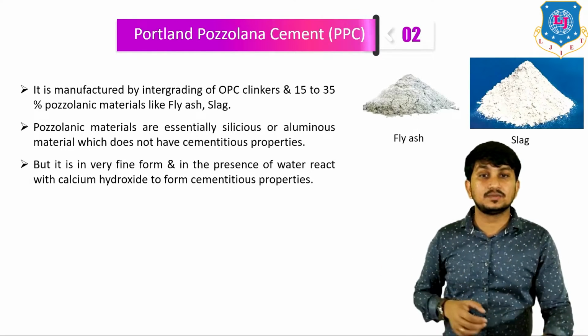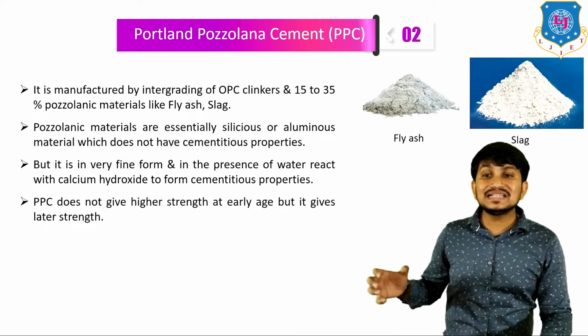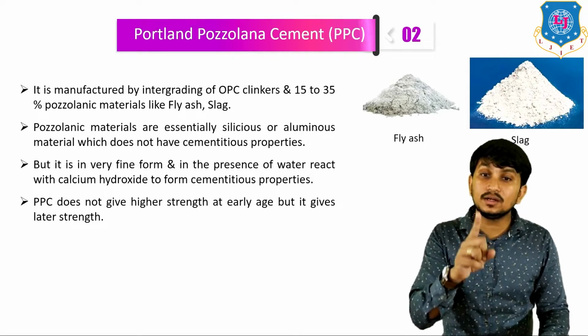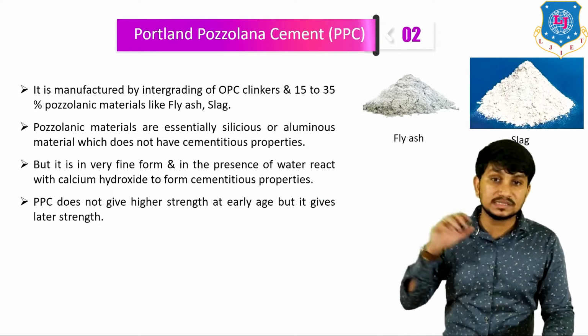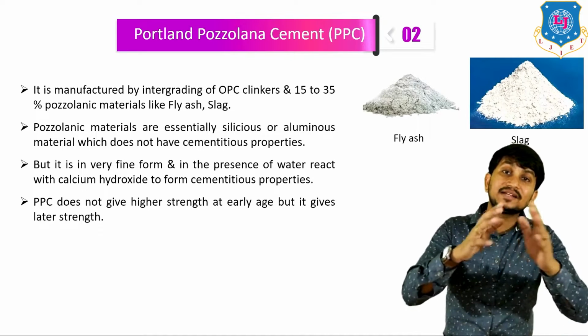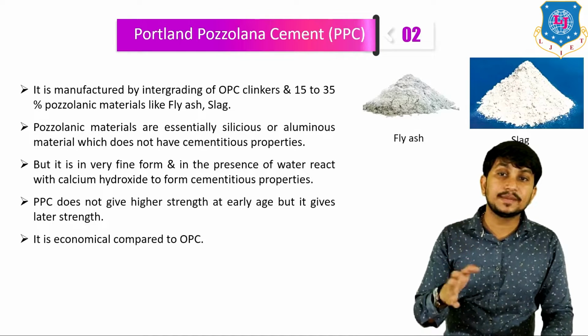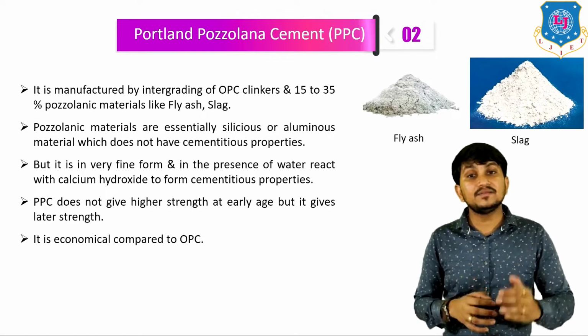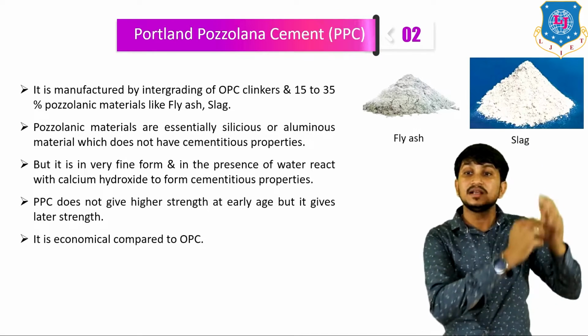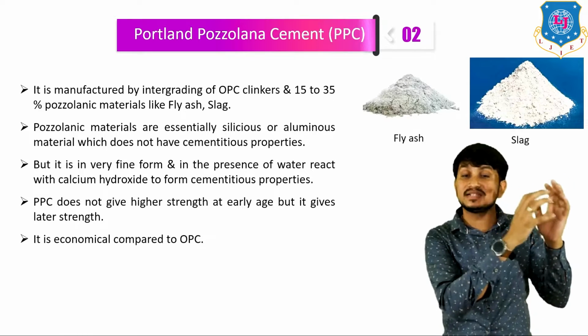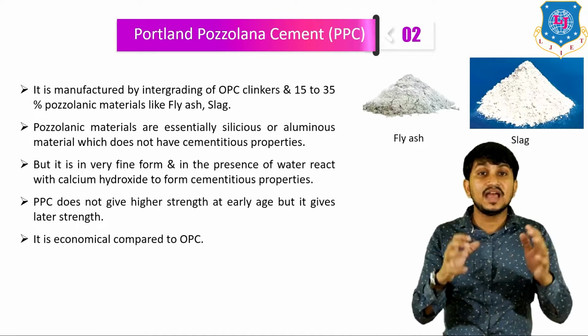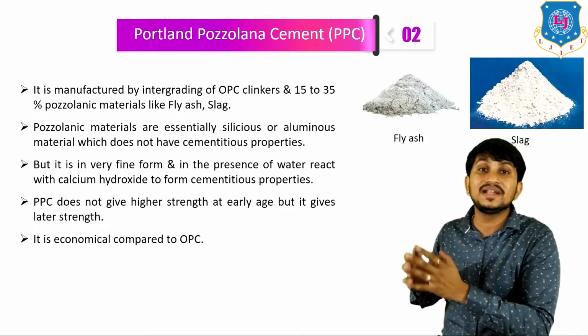PPC does not give high strength at early age compared to the OPC, but it gives later age strength. It is economical compared to OPC because we have added 15 to 35% of this pozzolanic material like fly ash and slag. These are the recyclable material having lesser cost compared to the cement clinkers.